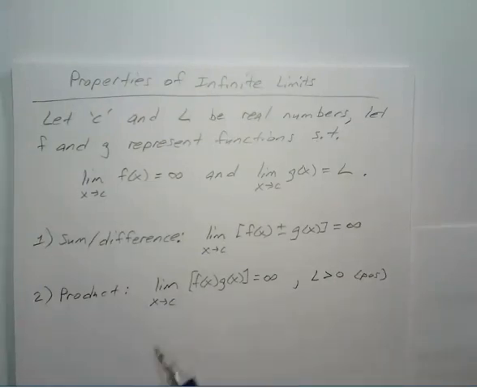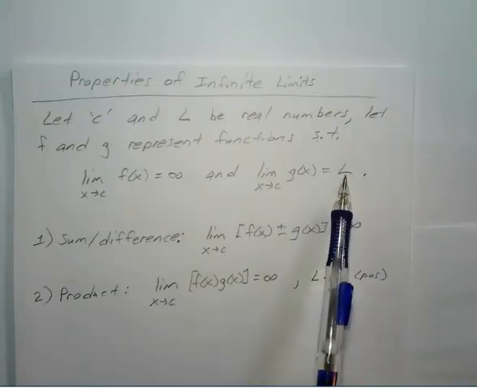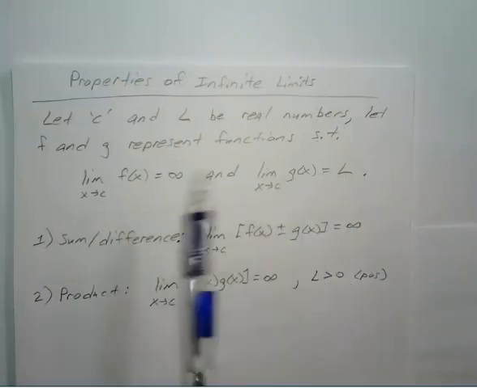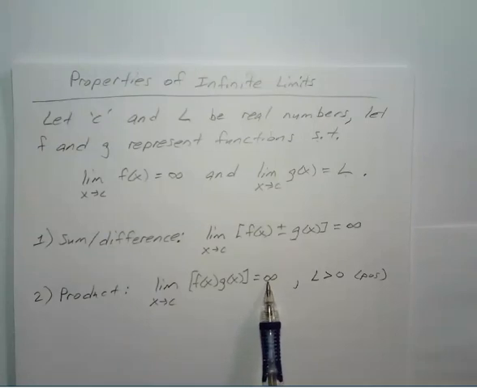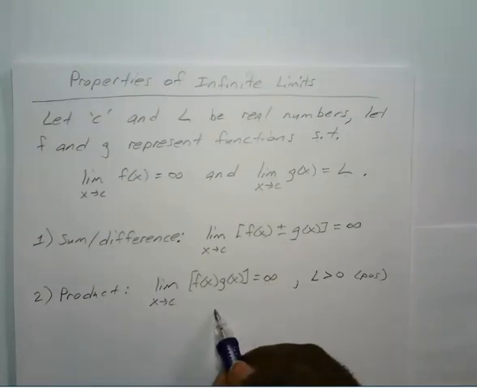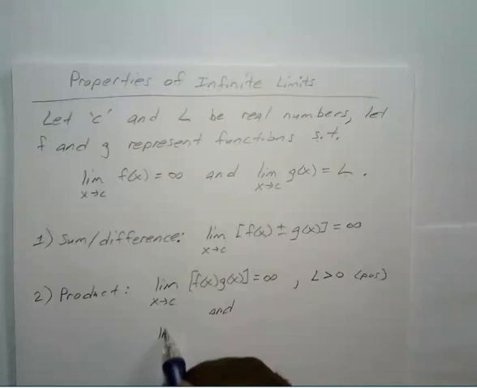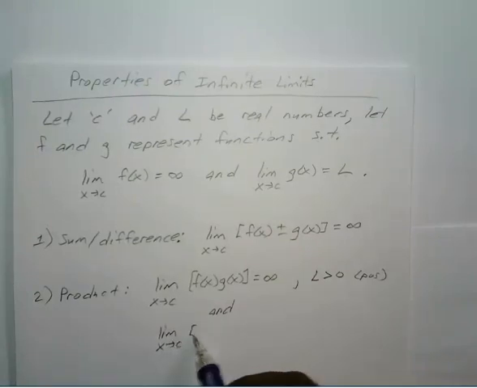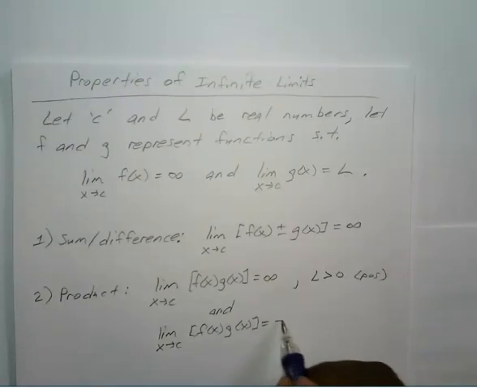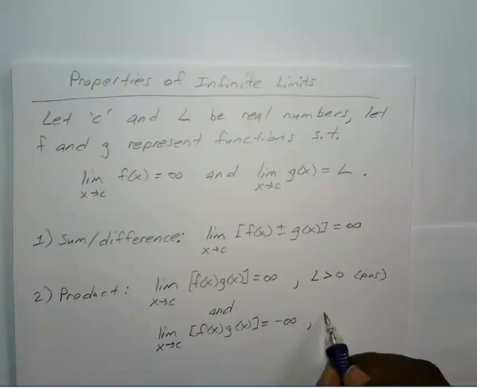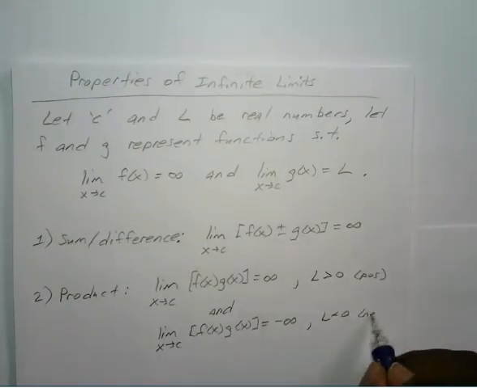So a positive limit times infinity is still going to be positive infinity. But it is possible for it to equal negative infinity, only if that limit is less than 0, or just negative.